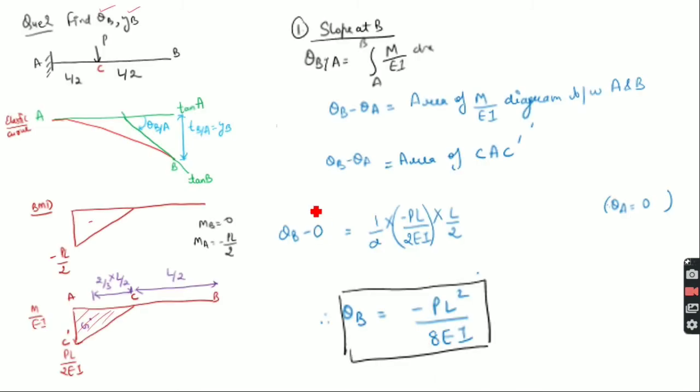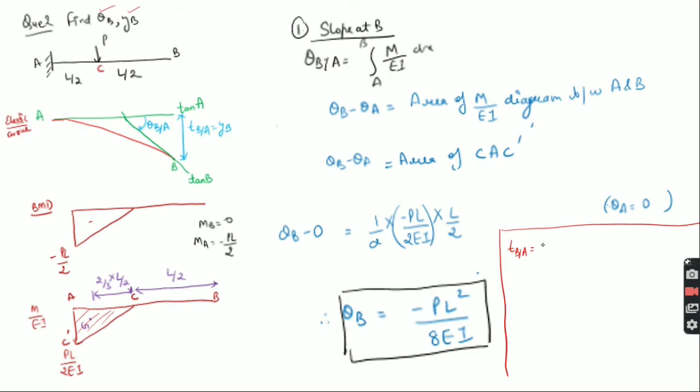Okay. Similarly, we can solve the deflection also. So for the calculation of deflection, I will solve it here. What we will do, TBA is equal to YB, right? TBA will be equal to YB as we know.